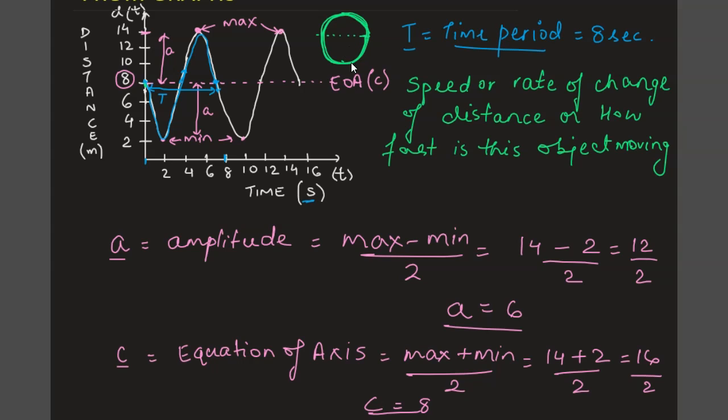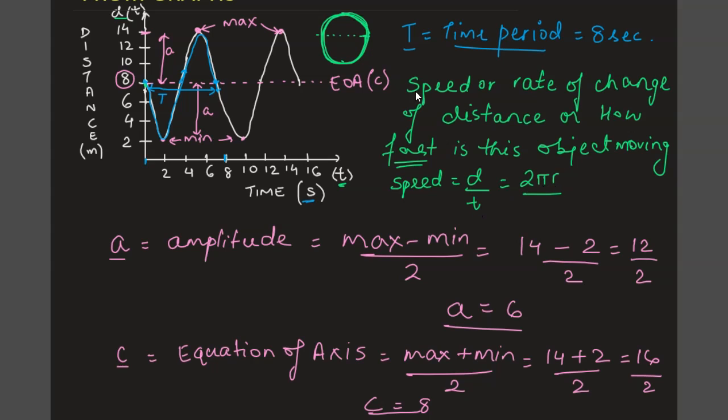If this is the scenario, and I want to find out how fast this object is moving, where this is the distance and this is the time the object takes, fast means speed. Speed, remember, is always distance divided by time. When I'm going in a periodical manner, meaning I'm going in a circle, the distance that I cover in a circle is represented by the circumference of the circle, so my distance is 2 pi r.